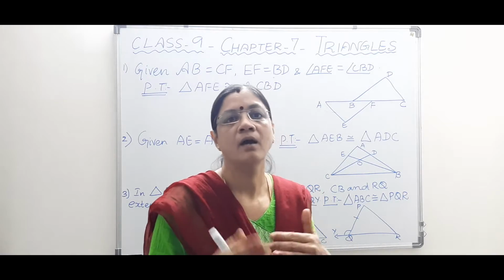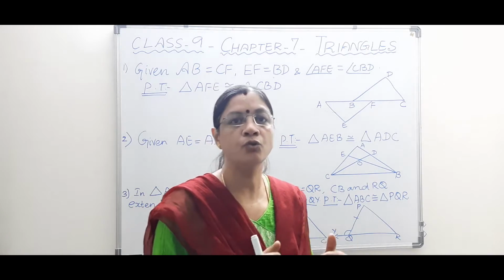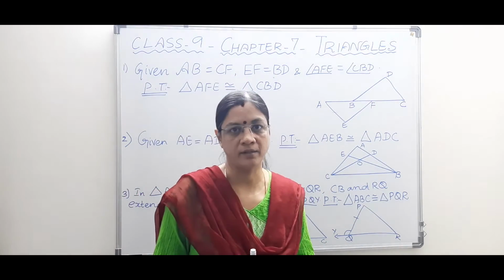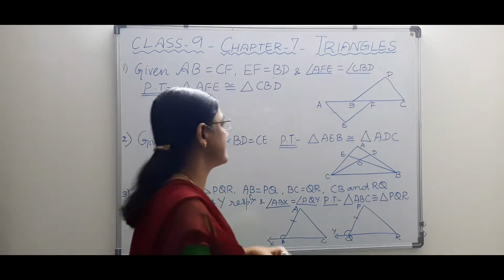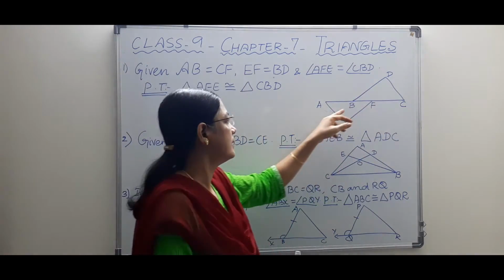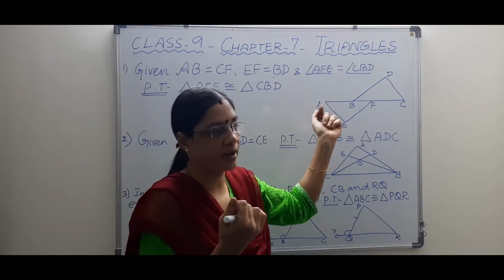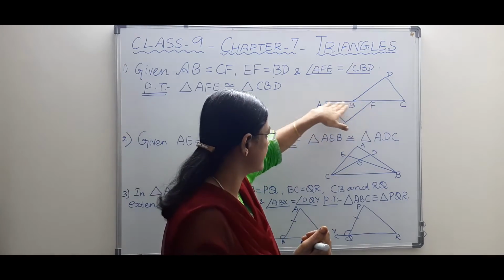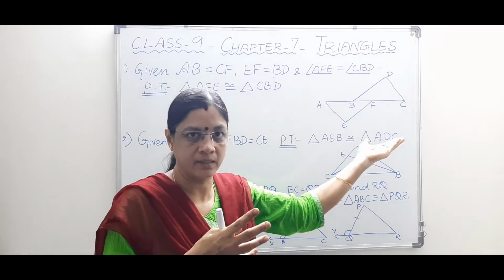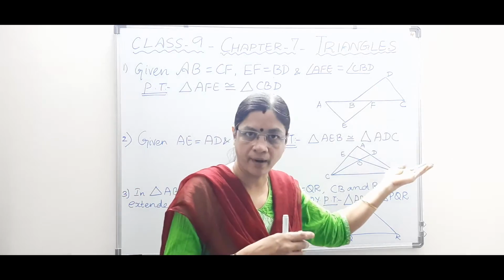That is our main aim, to bring the given parameters under the SAS criterion. So let's start. AB is equal to CF, but that has nothing to do with the sides of the triangle, because AB is just this and CF is a part of the sides of both the triangles.